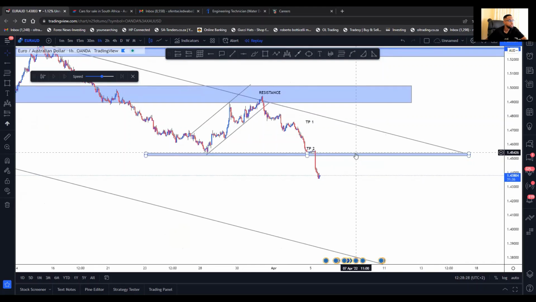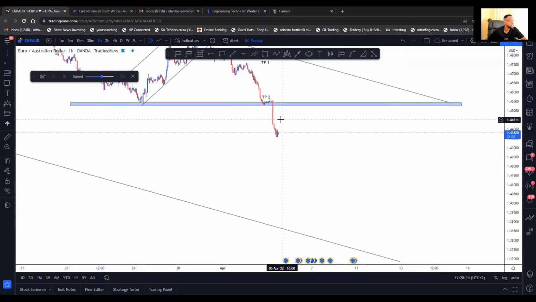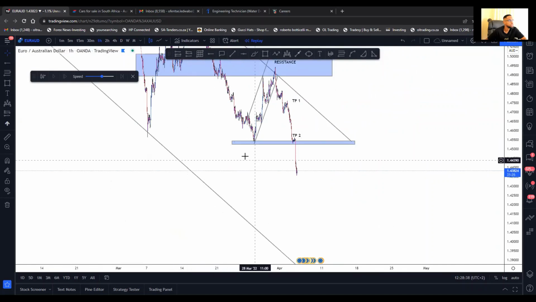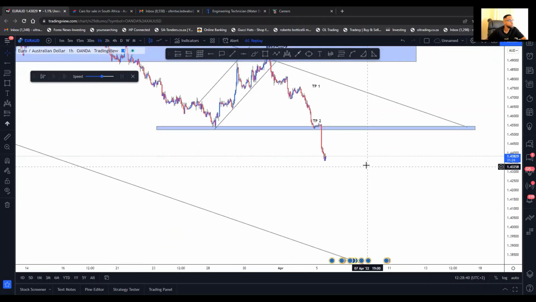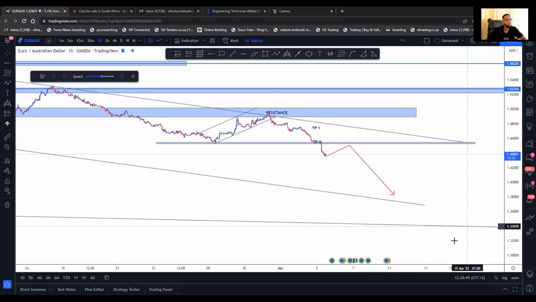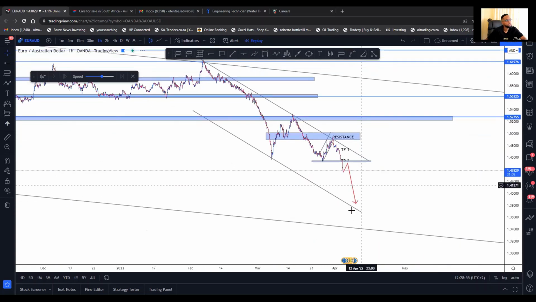This area. See now it broke it here. So now I'm expecting a correction, something like this. Then we should go to the downside because we are still in a downtrend.